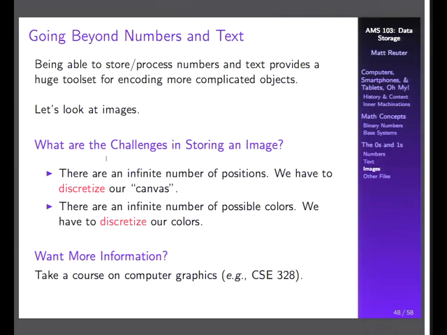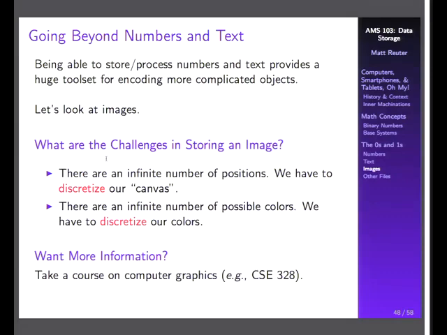How many positions do we have? If my orange folder here is some beautiful picture, how many different spots are there along that picture where we might want to store the color if we're going to put this on a computer? In principle, an infinite number. Again, echoing from last time, can a computer process an infinite amount of information? No. So we have to discretize it.